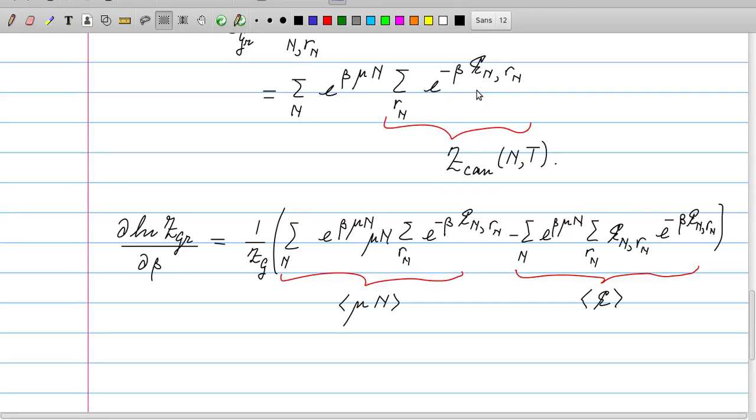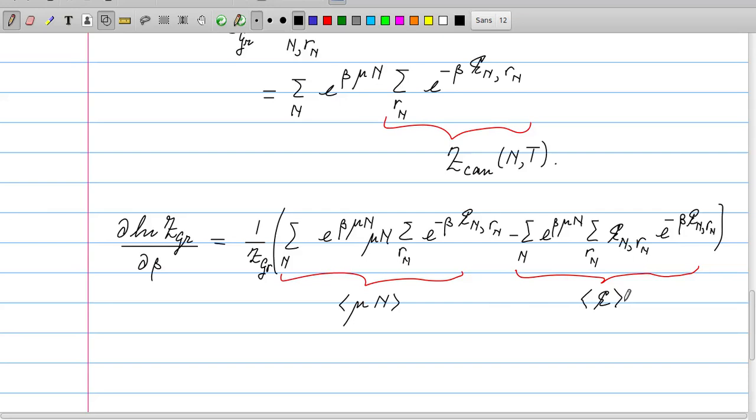And together with the 1 over Z_g, which comes from taking the derivative of the logarithm of Z_g, we see that we have two contributions. One gives us a mu N, that's from this term, and one gives us minus E_n. And so if we look at the expression, we see that this is nothing but the expectation value of mu N, and here we have minus E.